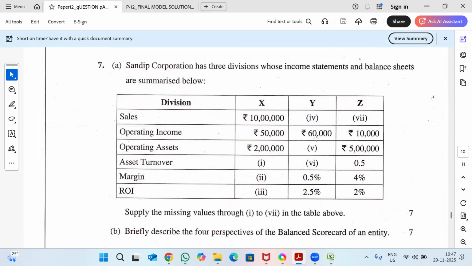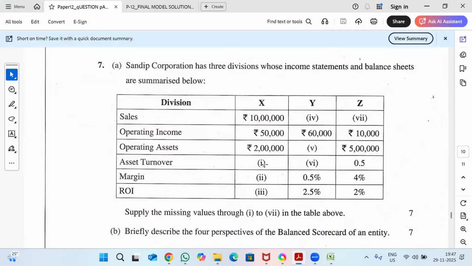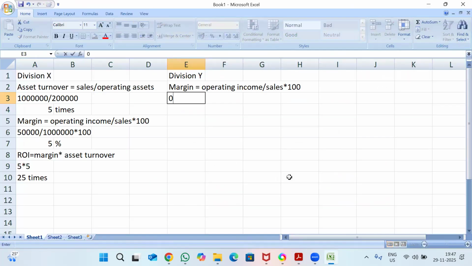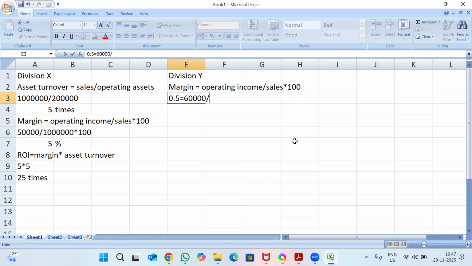For margin, I have some information, so I can substitute that formula first: operating income divided by sales into 100. Here I have margin as 0.5%. Operating income is 60,000. Sales I don't know.